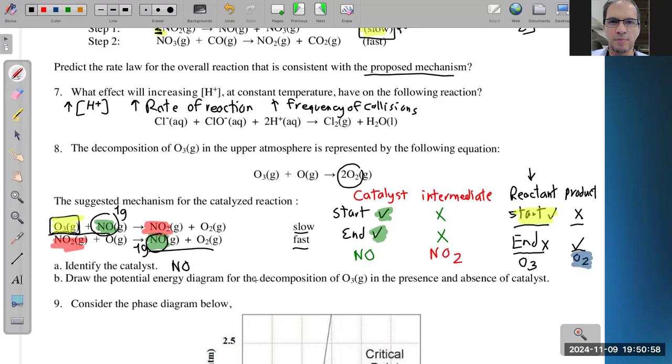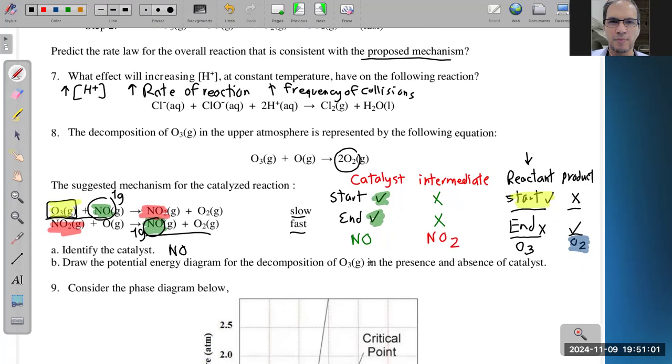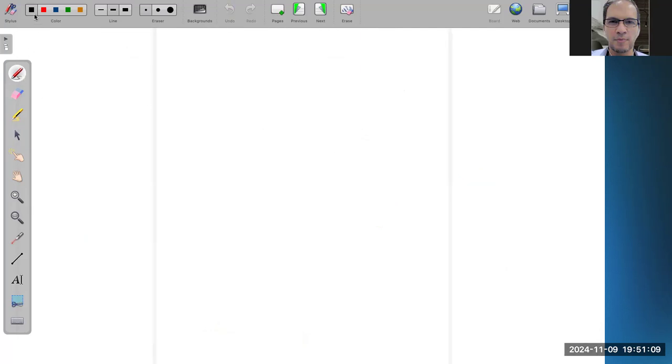طب draw the potential energy diagram for the decomposition of O3 in the presence and absence of catalyst. Let's try to draw this. So this is the energy, this is the potential energy, and this is the time. Did he mention anything about this being an exothermic reaction or endothermic reaction?